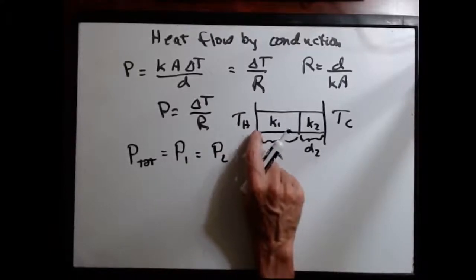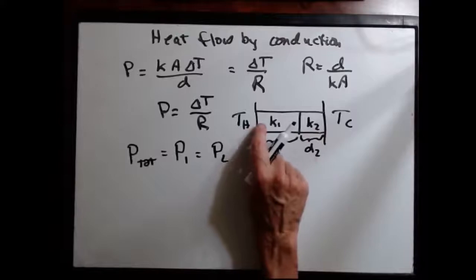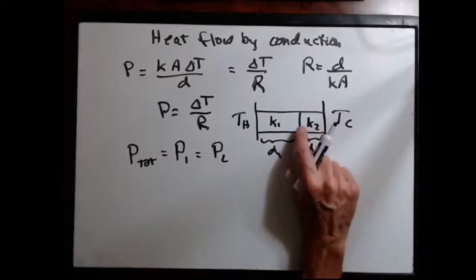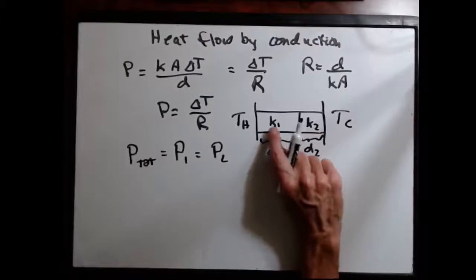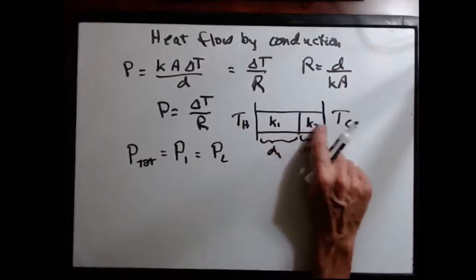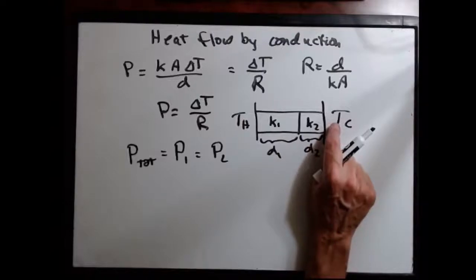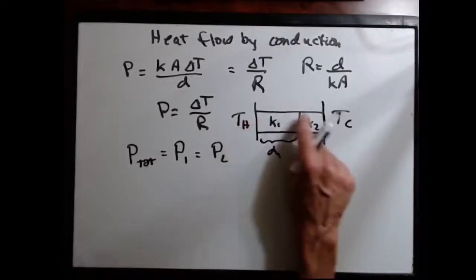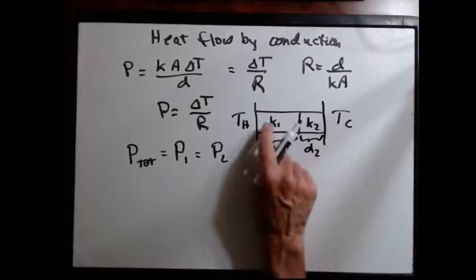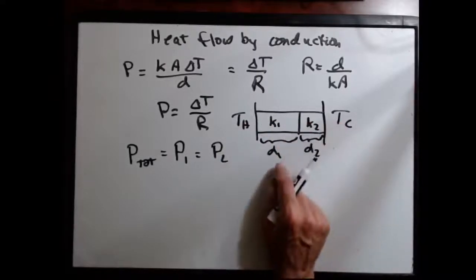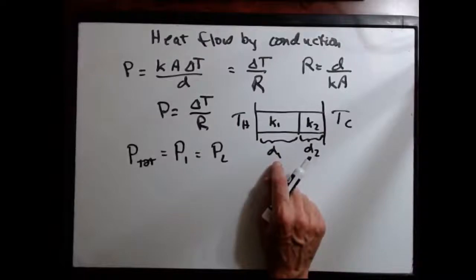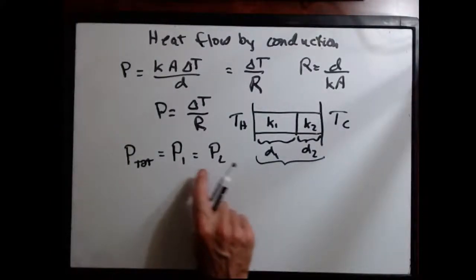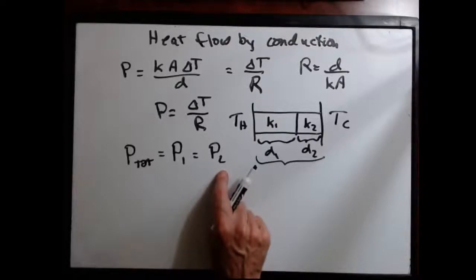In other words, every joule of energy that goes from here to here passes through this one and passes through this one. It's not a different rate of heat flow through here than through here, because everything has to go through this one to get to here. If these were cars and these were sections of highway, and the cars have no way to get out in between, then every car that goes through K1 has to go through K2, and you can think of the heat that way also. So P total is equal to P1 is equal to P2.